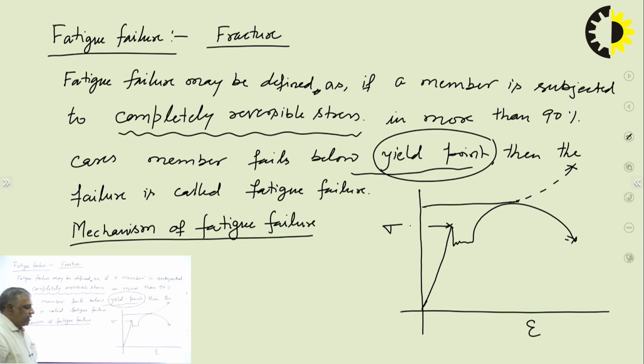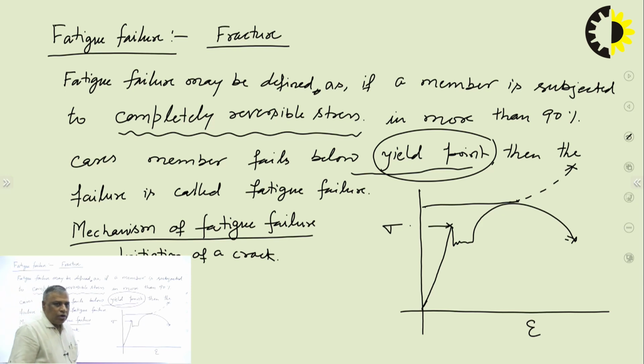As far as the mechanism is concerned, fatigue failure takes place in two steps. First is the initiation of a crack.